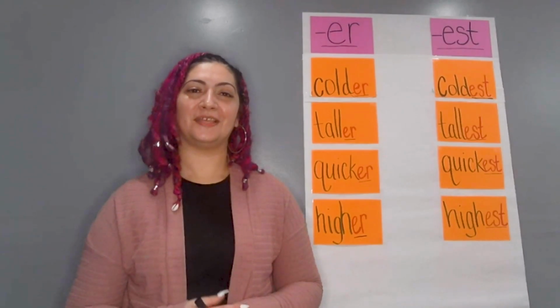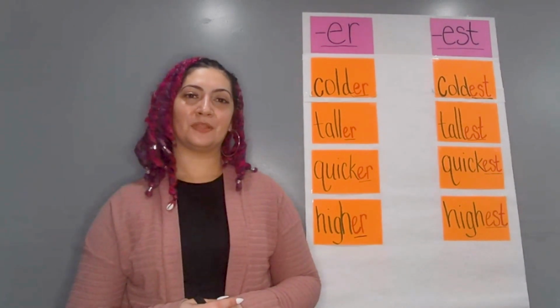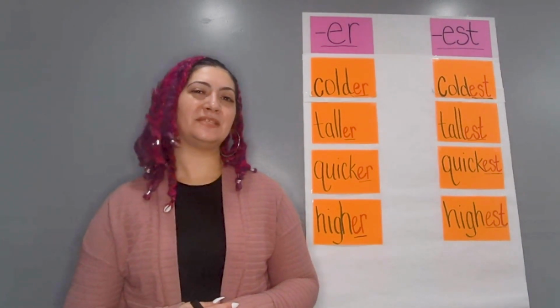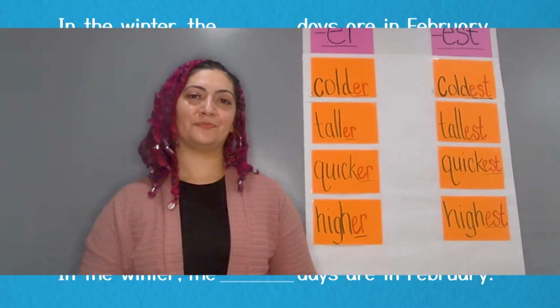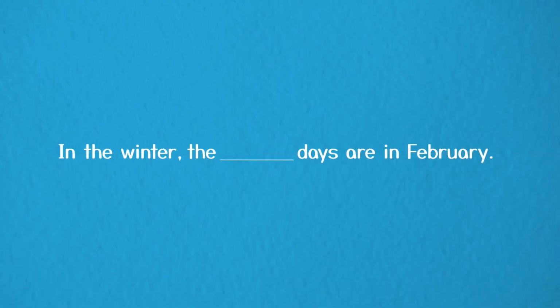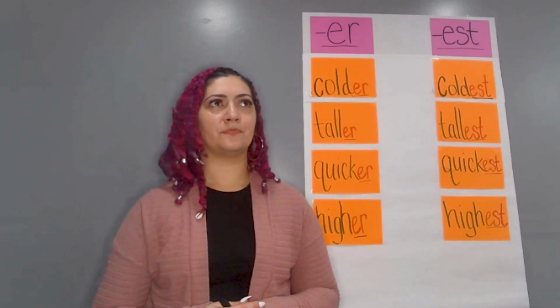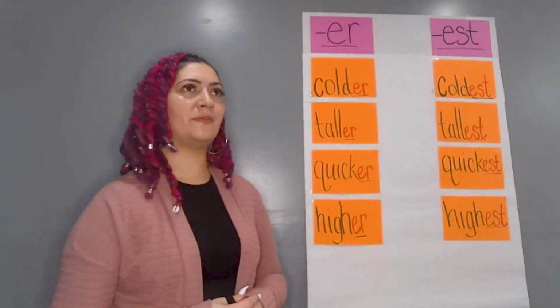All right, let's read these sentences together. When we come across the blank, let's pause and think about what word might fit there. In the winter, the blank days are in February. Let's think about that. What kind of days would be in February?